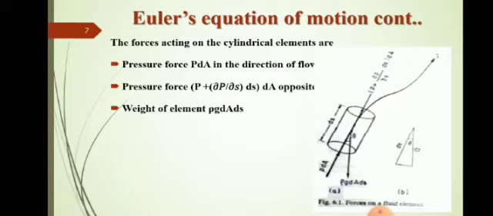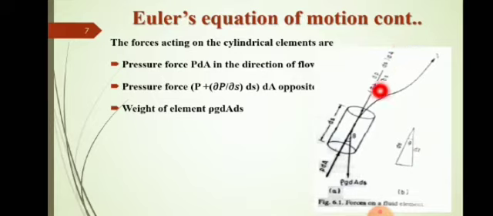So what is the pressure force acting at the other end of the fluid element? We have already said that on this side of the fluid element the pressure force is PdA. So what will be the pressure force here? We have written a similar condition in the hydrostatic law. Here the pressure force at this end of the fluid element will be P plus ∂P by ∂S into ds, the whole multiplied by dA.